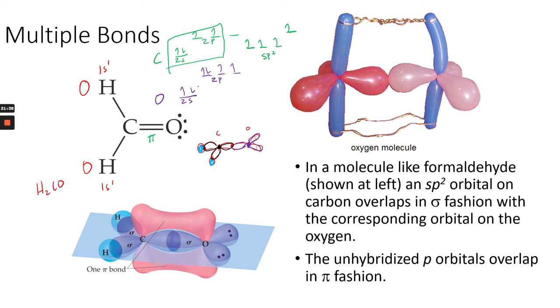And in this case, we said there's 3 domains, so we need to hybridize 3 of these, right? So that gives me sp2 and 1 unhybridized p. And I have to put 2, 4, 6 electrons in there. So 1, 2, 3, 4, 5, 6. These 2 are paired up. Those are my lone pairs.